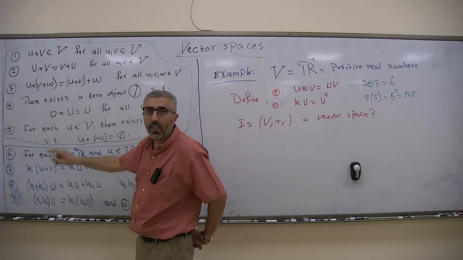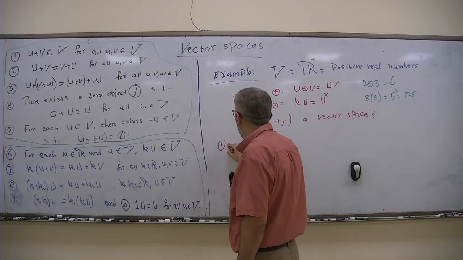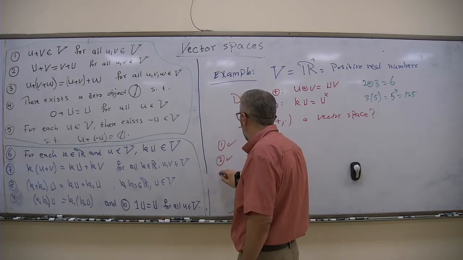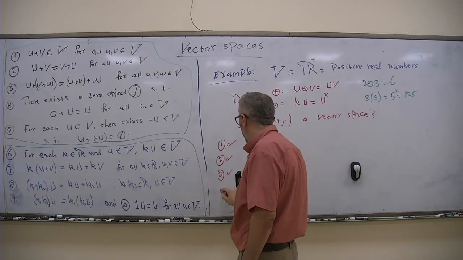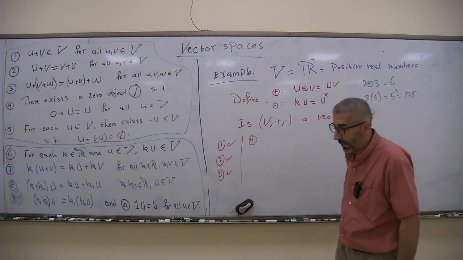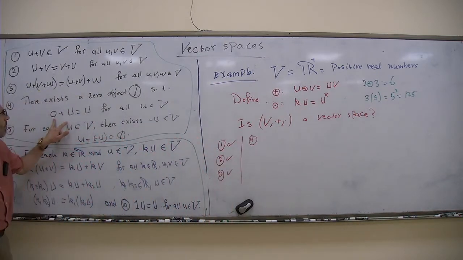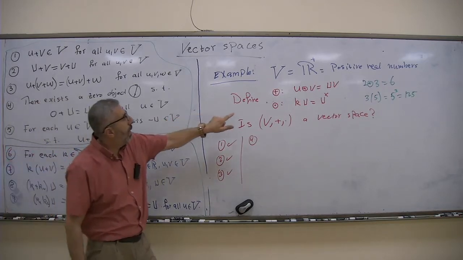This one is tricky, number 4. So 1, easy. 2, easy. 3, easy. Number 4, the zero object: something that when you add it to u, you get u. What is that? Think about it.